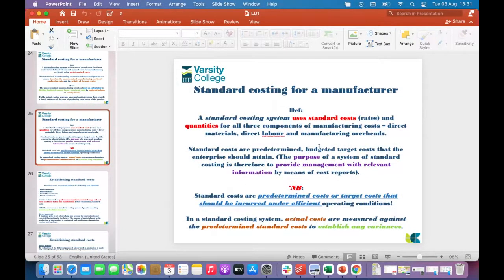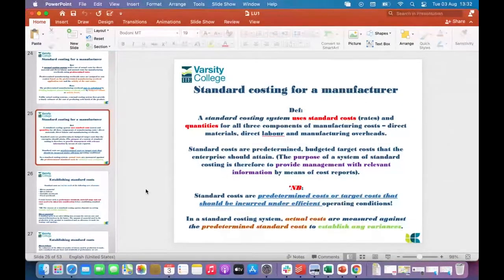Then we have standard costing for a manufacturer. Standard costs are predetermined costs or target costs that should be incurred under efficient operating conditions.